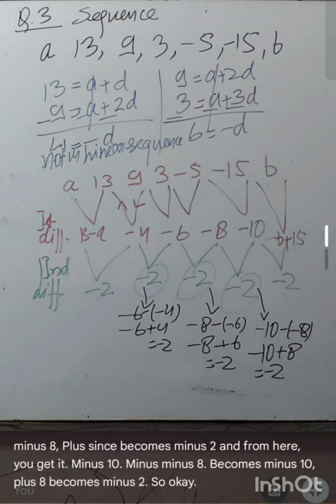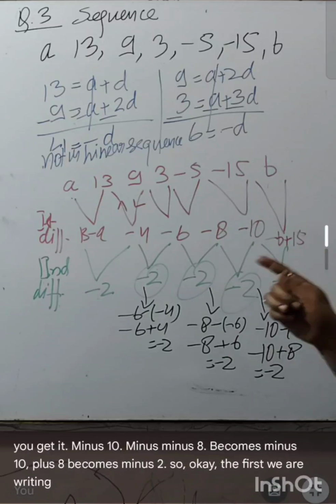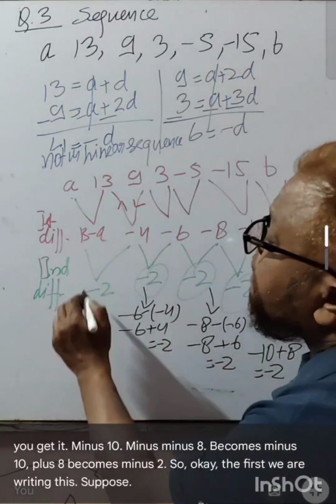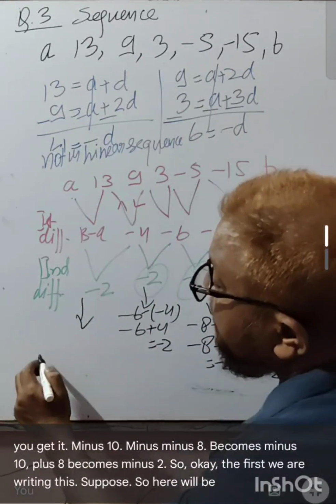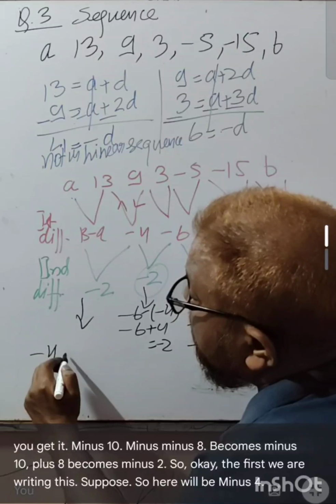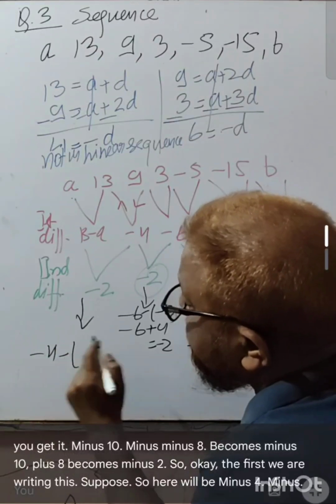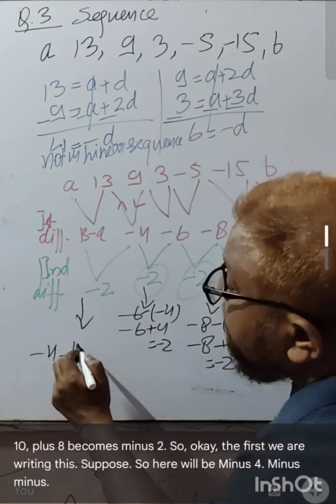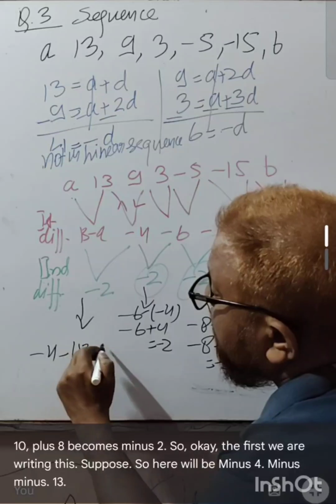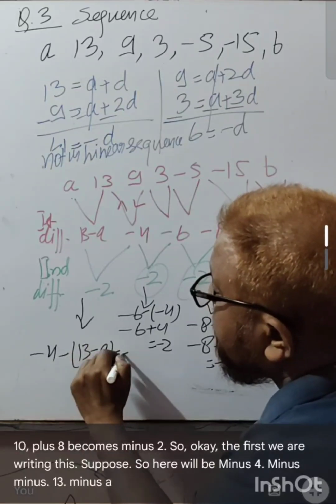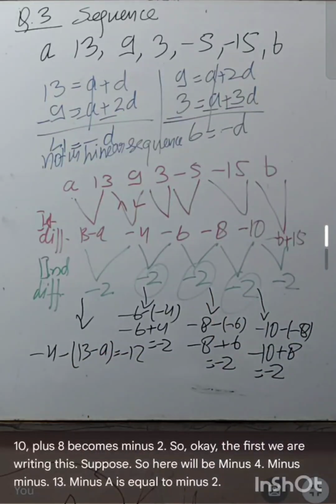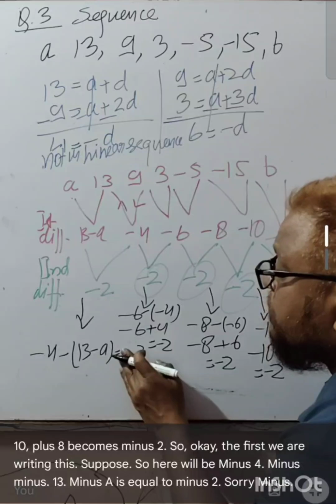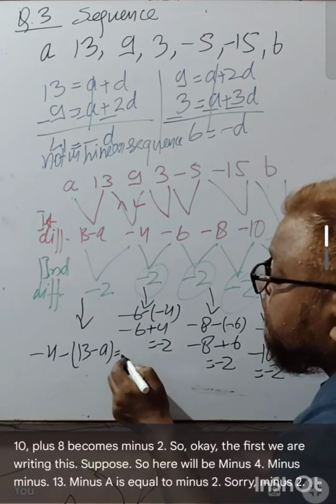So, okay. First we are writing this. Here will be -4 minus 13 minus A is equal to -2, right?